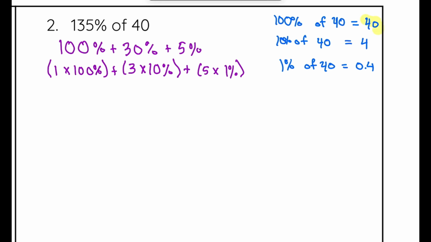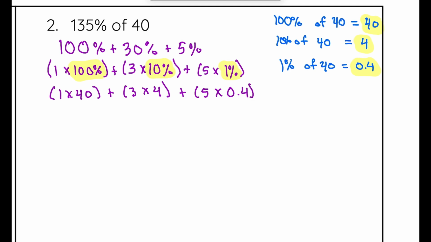So then we're going to take 40, 4, and 0.4 and substitute those in for 100%, 10%, and 1% in our expression. So we now have 1 times 40 plus 3 times 4 plus 5 times 0.4. 1 times 40 is 40. 3 times 4 is 12.